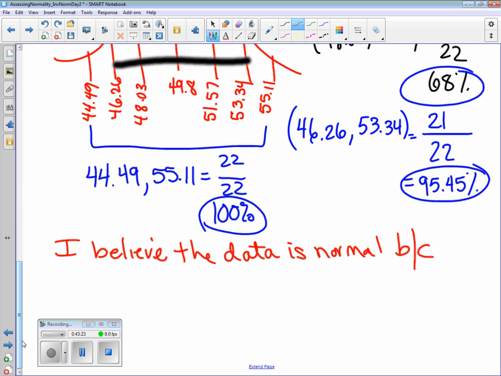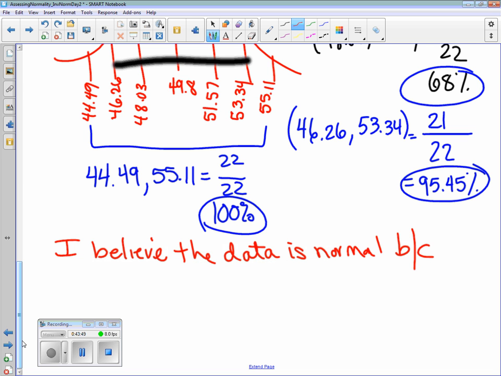We've already addressed the histogram. We've already addressed the normal probability plot. We're just looking at this now. What did I do here? The percentages of what? 1, 2, and 3 standard deviations above and below the mean are close to the empirical rule. You can say that, or you can use the 99 whatever rule, okay?